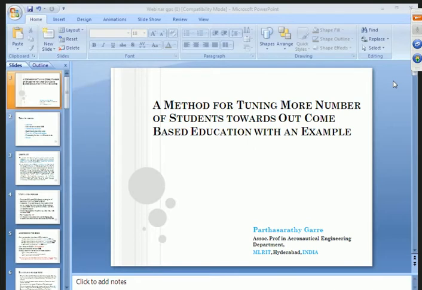Male to female ratio and their background. Okay, they are from maths, physics, chemistry background, BTech second year aeronautical engineering, and 30 girls, 30 boys, a 50-50 ratio. Is it clear, sir? Yes, sir. Male female ratio is 50-50, sir.